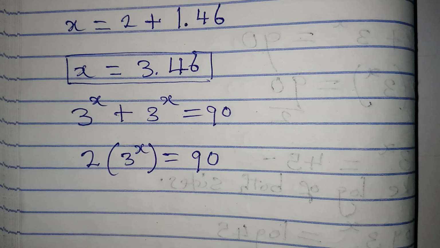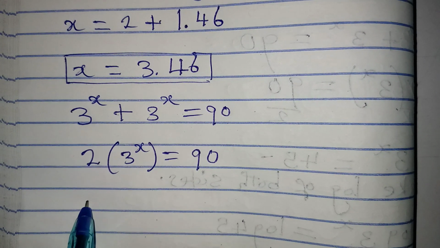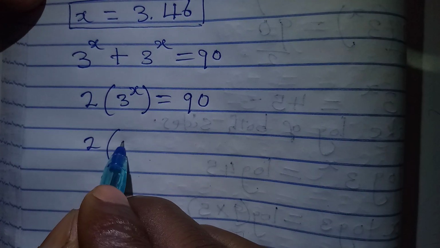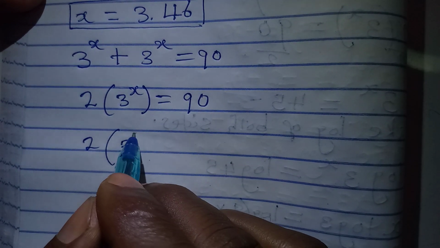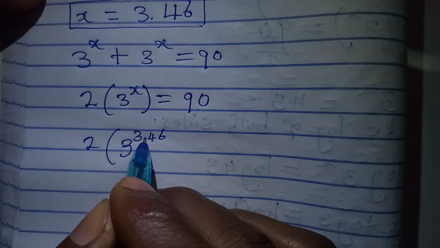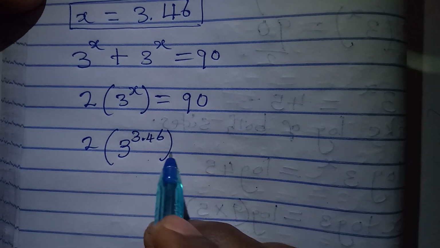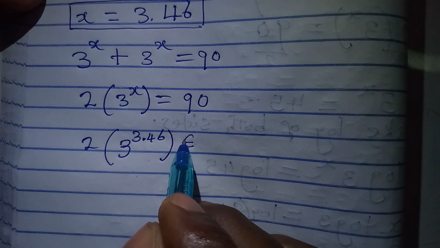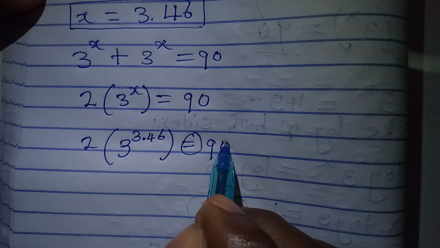Now, if we put in the value of x, we'll have 2 into brackets, 3 to the power of 3.46, because x is this. Now, will this be equal to 90?